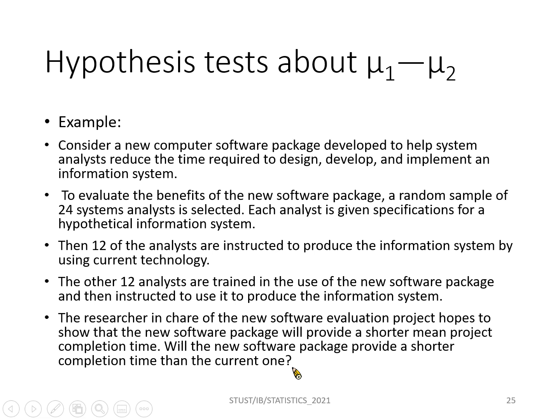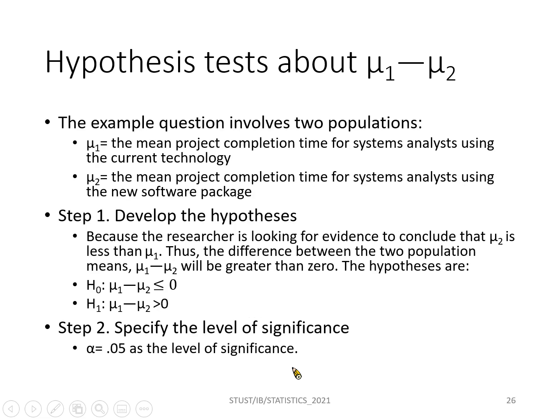Based on such a group question, you can do the hypothesis test. We use mu1 to represent the mean project completion time using the current technology, and mu2 as the mean project completion time using the new software package.